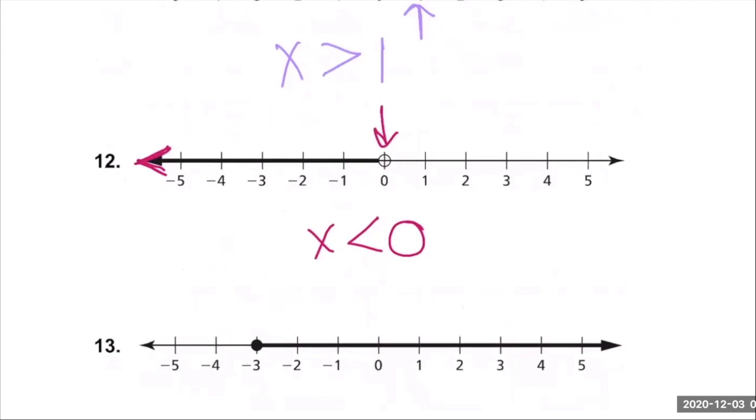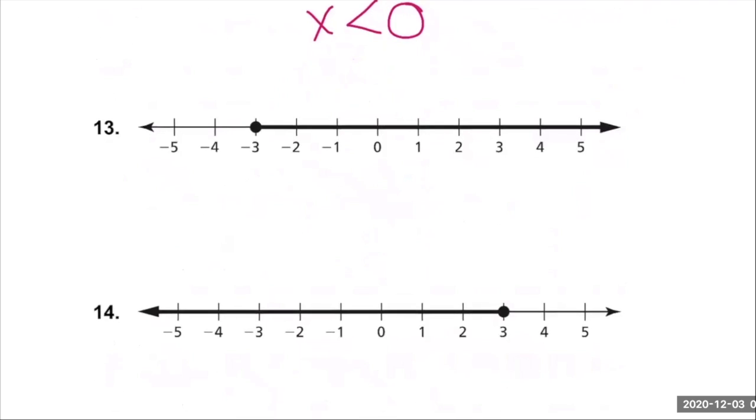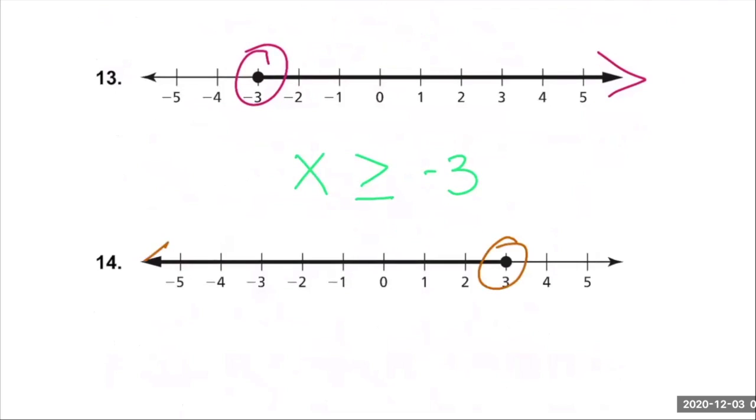Pause here and go ahead and do 13 and 14 on your own. So if you're just joining back, I have X is greater than or equal to -3, and then X is less than or equal to 3.